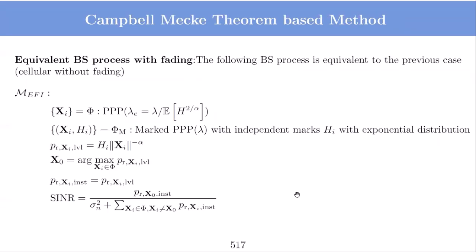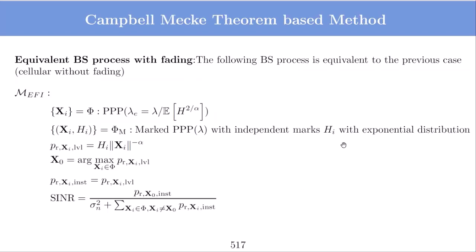So to make this tractable, what we learned in the past is that you can create equivalent cell networks which have a similar coverage probability. Here you can also convert fading to an equivalent network with fading.